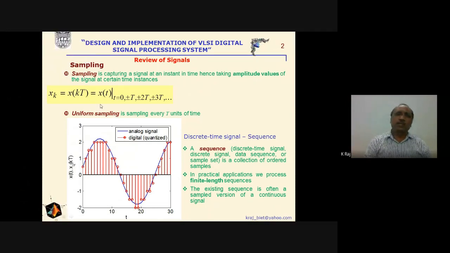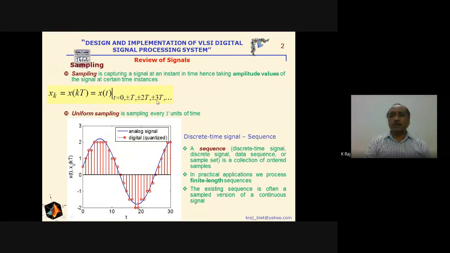Now, in place of considering the total time, suppose we select certain pre-decided times. For example, if we consider small t as equal to an integer multiple of capital T, that is 0, plus minus T, plus minus 2T, plus minus 3T.